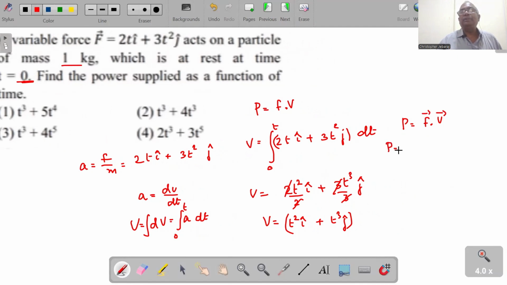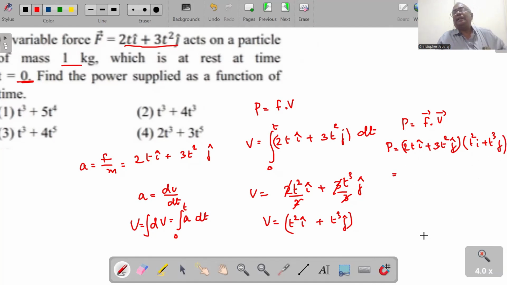Power is equal to F, which is nothing but 2t i plus 3t squared j, dot t squared i plus t cube j.